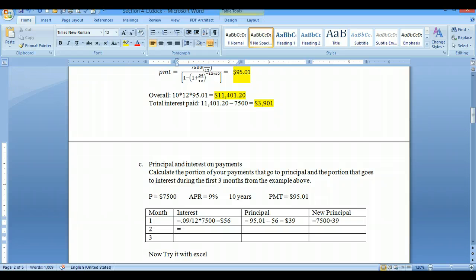So I'm going to press equals. The APR is still the same, but now it's a little bit less. I'm going to go ahead and go to my notes instead of going back to Excel over and over. So my new principal is going to be 74.61 and 24 cents.